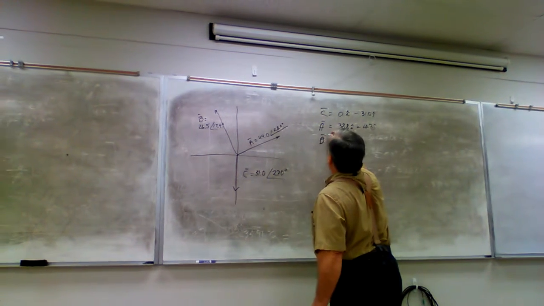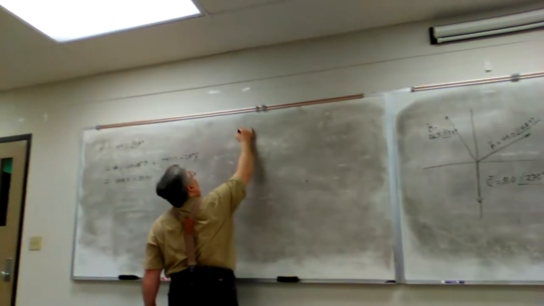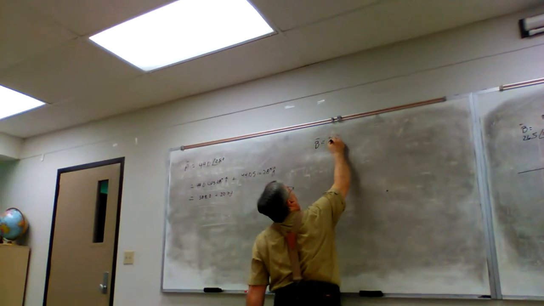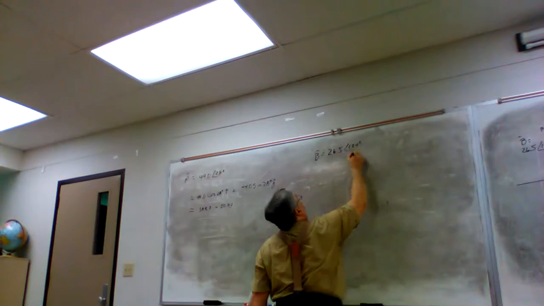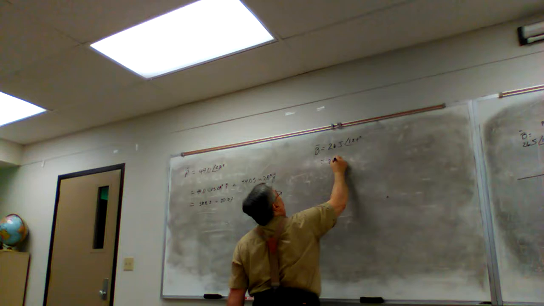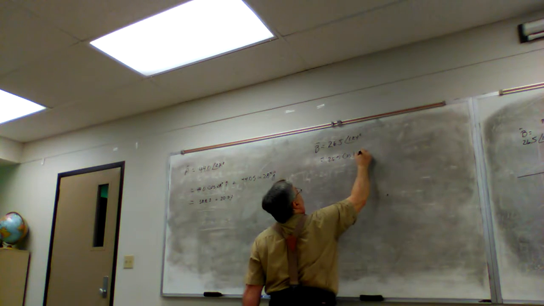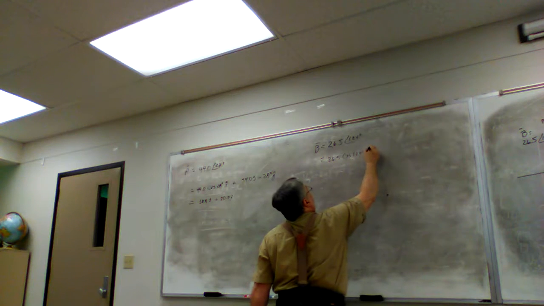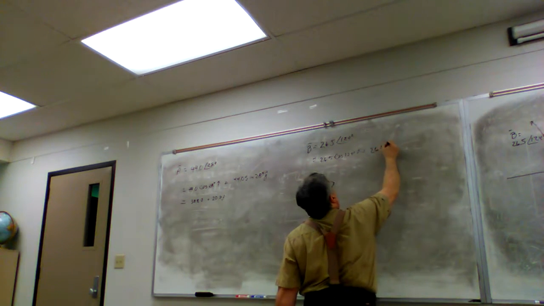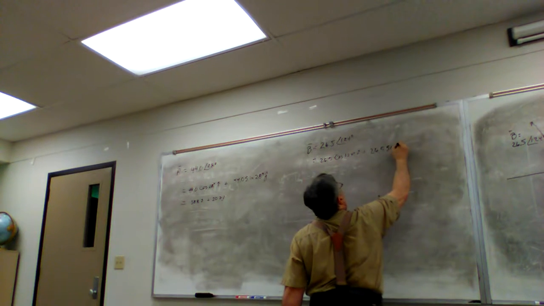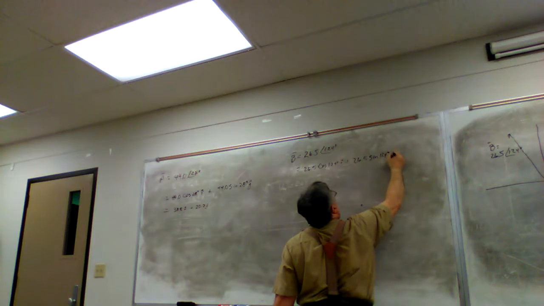Now we need B. 26.5 at 124. 26.5 times the cosine of 124 degrees i plus 26.5 times the sine of 124 degrees j.